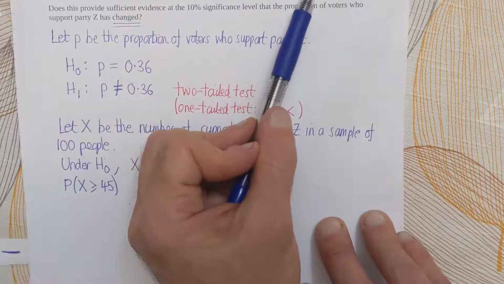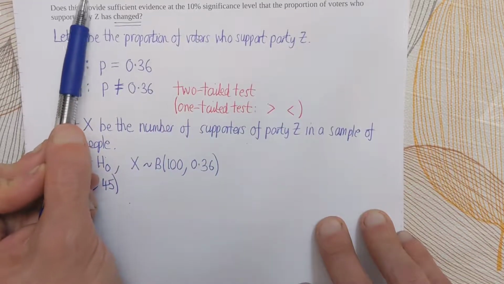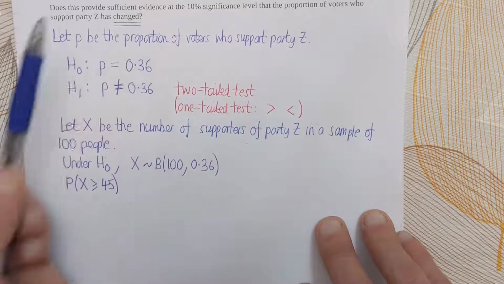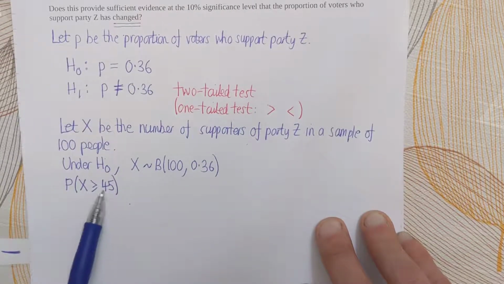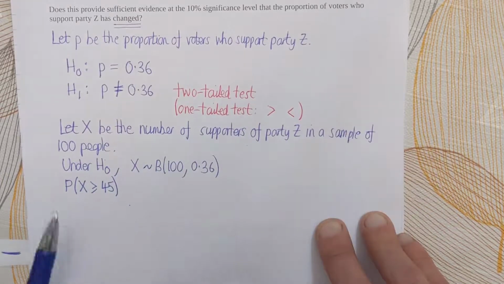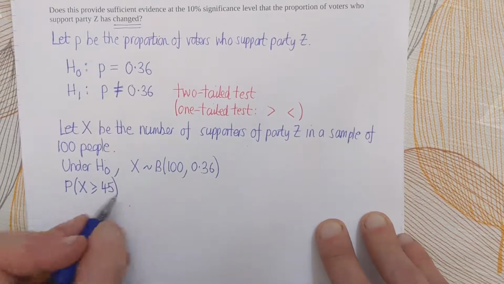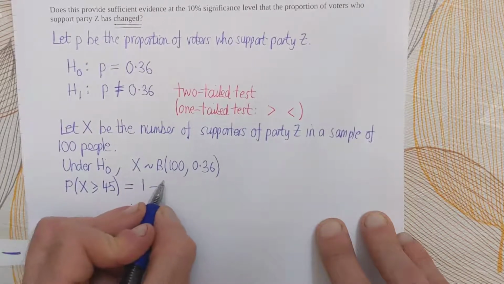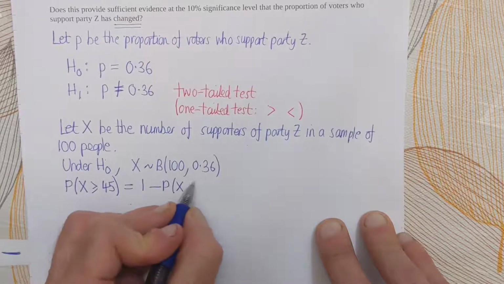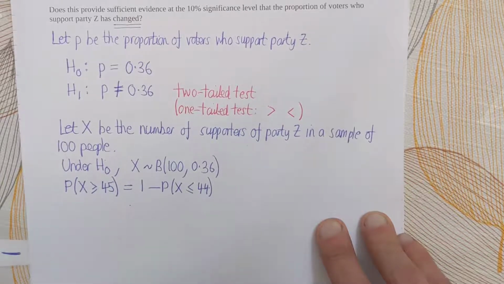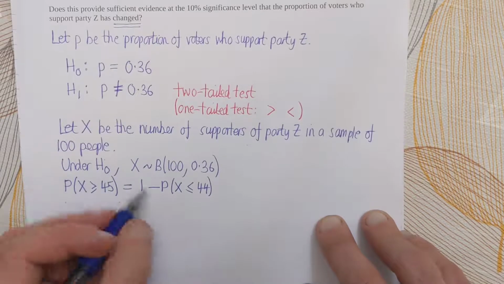Because in the sample of 100, 45 were seen to support Party Z. So it has to be 45 or greater, so 45 or more extreme. Okay, and that's going to be equal to 1 minus P, the probability that X is less than or equal to 44. We have to work it out like this so that the calculator can manage it.